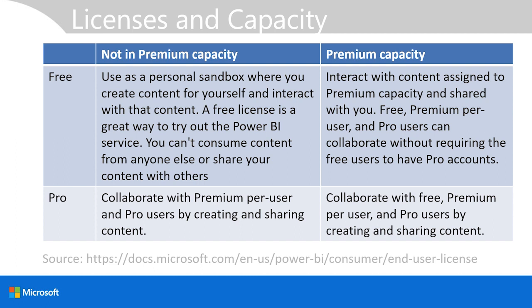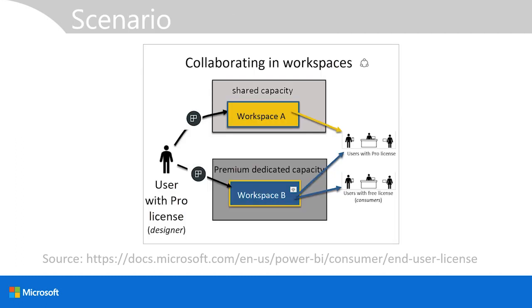Let's take a look at a scenario through this diagram. Once again, this is from the Microsoft website. You are the user on the left-hand side, and you have a Pro license. You're doing some design work, and now you have to make some choices about where to publish that work.